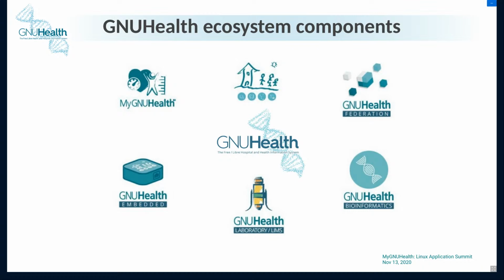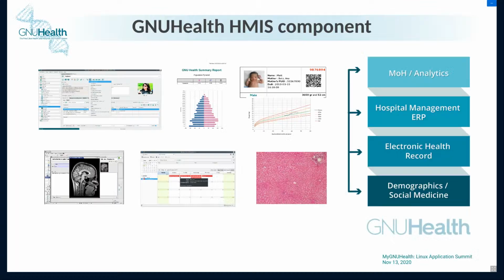We also work in the areas of precision medicine, bioinformatics and genomics. And we also have the embedded solutions, so you can run GNU Health on single board devices like Raspberry Pi or Olimex.